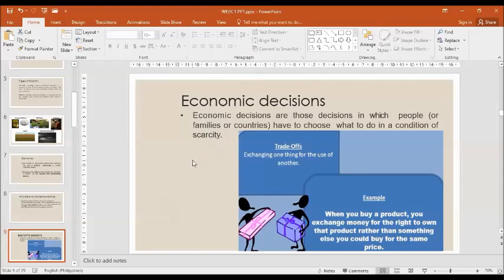So barter also applies in making economic decisions: exchanging one thing for the use of another. For example, when you buy a product, you exchange money for the right to own that product rather than something else you could buy for the same price.